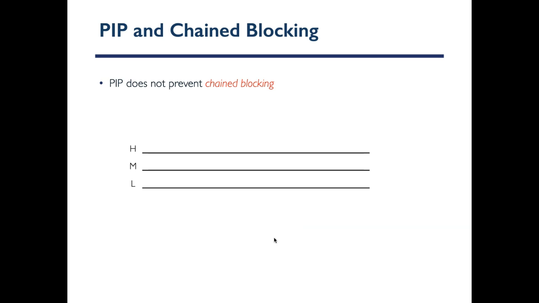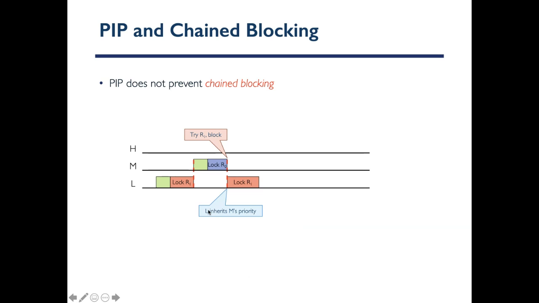The other thing that it does is that it actually causes chained blocking. Now, chained blocking is also well explained in a picture. Let's look at it. Let's say L starts, it locks R1, then M comes, and it locks R2. And then at this time, it tries to lock R1, it gets blocked.